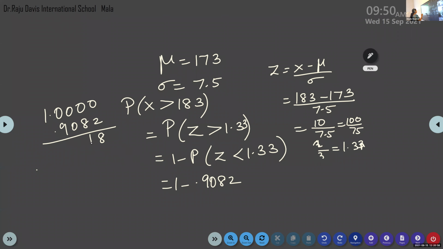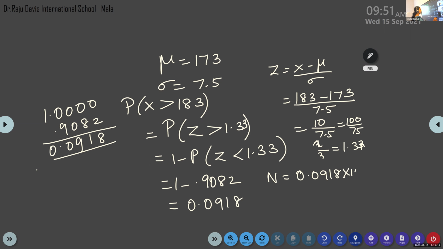Is it 0.0918? Yes, ma'am. So when you find the total number, it will be 0.0918 into 1000. So you will get 91.8. So when you round off, you will get 92.